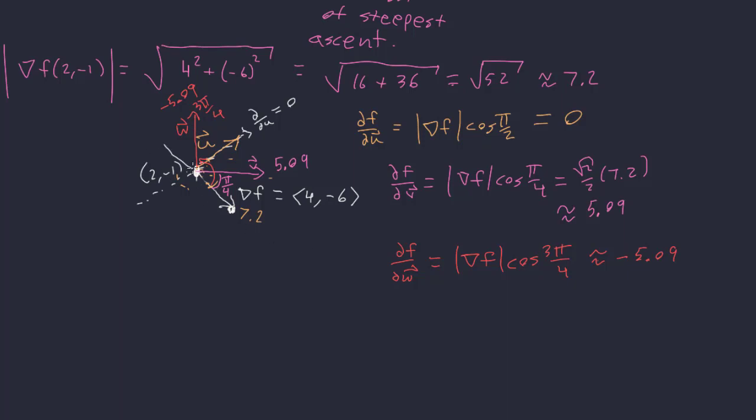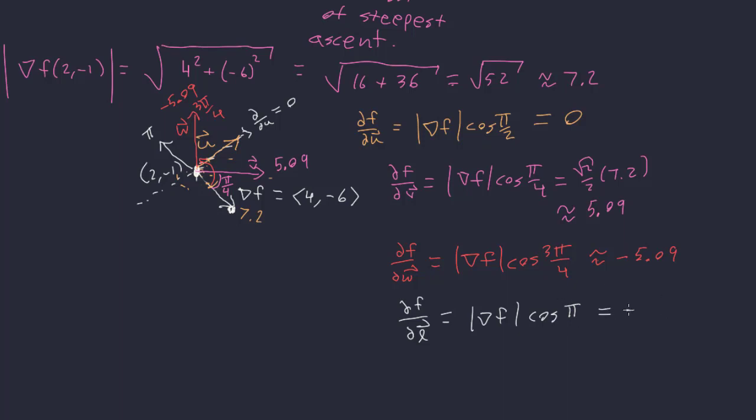And then if we go all the way to pi, a full 180 degrees away, let's call this L. It'll be the magnitude of the gradient times cosine pi.